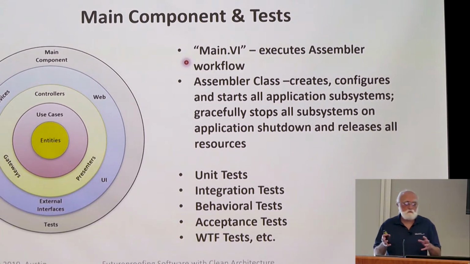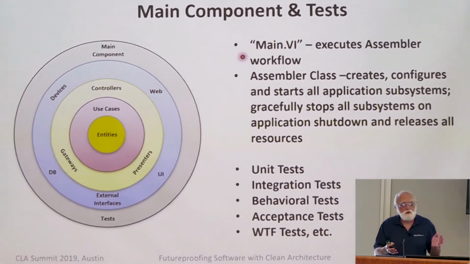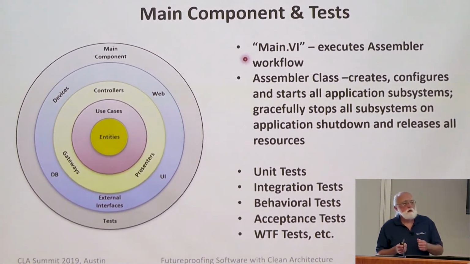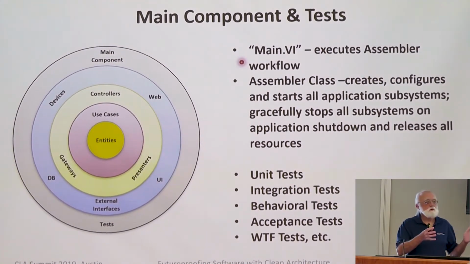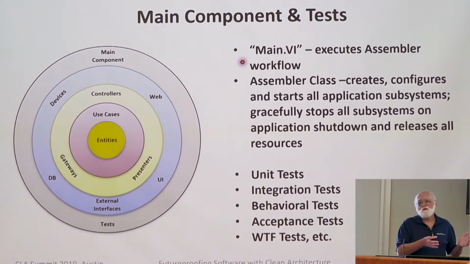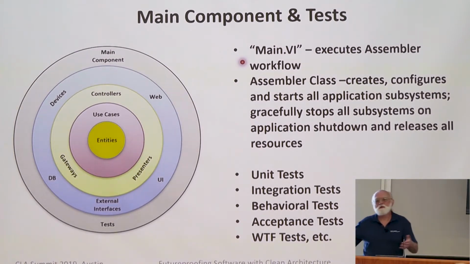In his book, Uncle Bob also talks about a possible fifth layer, which is the gray one. And he says that tests are pretty much part of the system, even if developers don't think that is the case. Always treat your tests, whether unit tests, integration tests, behavioral tests, acceptance tests, or other types of tests, as part of the system.